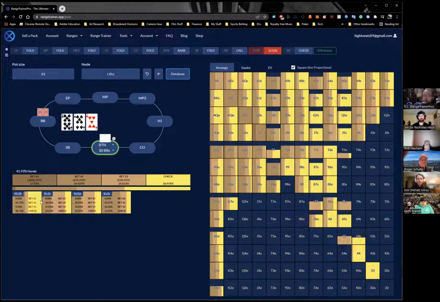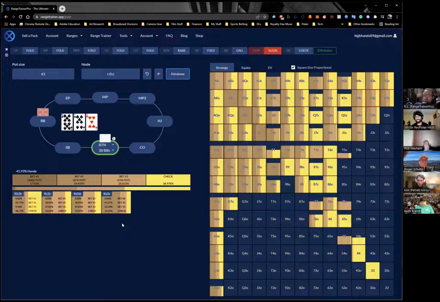It's checking the backdoor way more often, but it's betting clubs, diamonds, and spades identically. Weird. What's crazy about that is it's taking the same line with King 3 of spades, which is the flush draw hand, that it is with clubs and diamonds, and it's only the backdoor that it's treating differently.